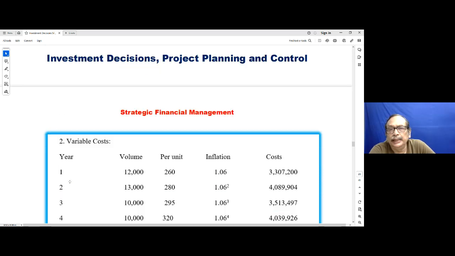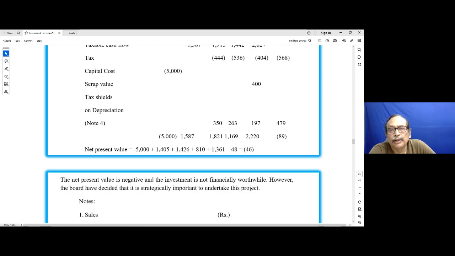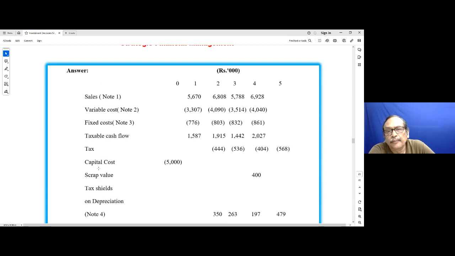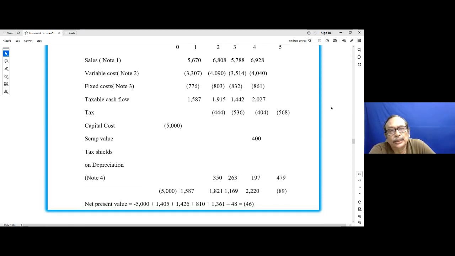So once we get the variable cost, we project it here in brackets: 3307, 4090, 3514 and 4040.